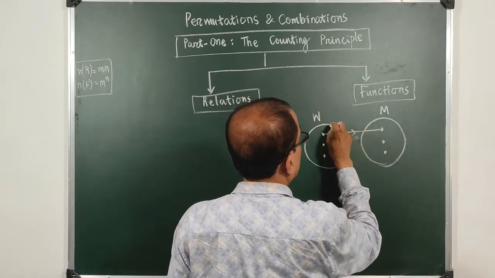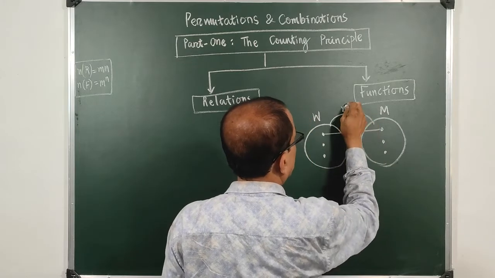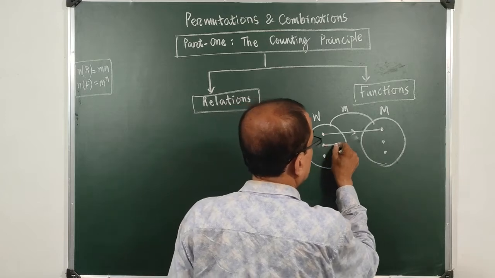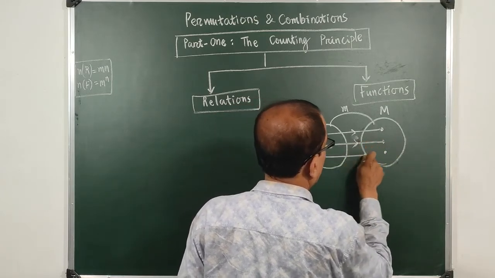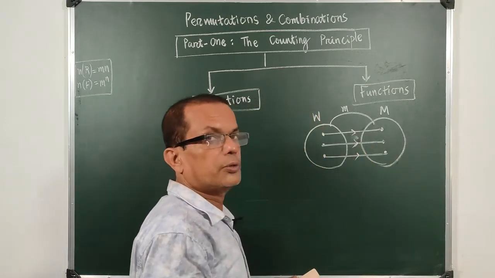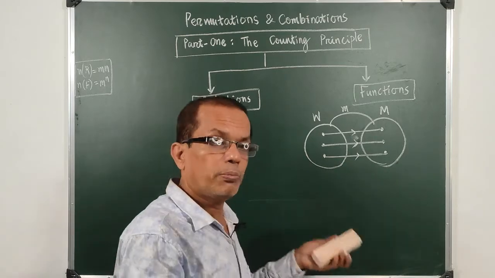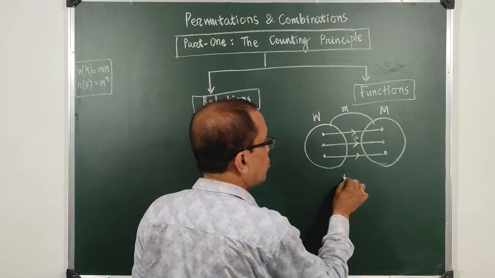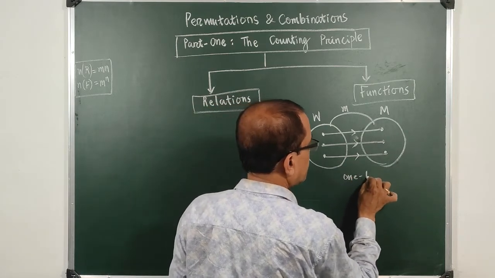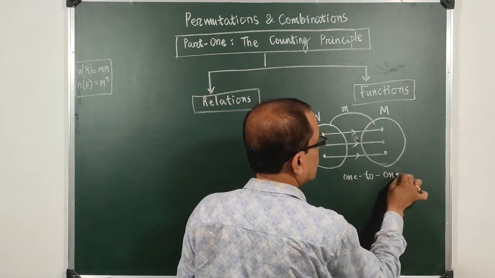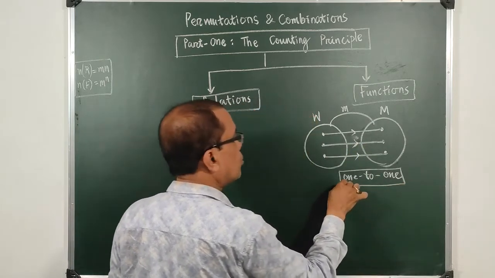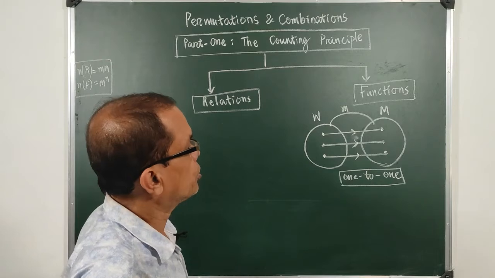If this is a marriage function, then any woman can marry a single man. This becomes the traditional pattern that is running all over the world. Generally, in some birds and in many human beings, this happens. This is the 1-to-1 type, and in short we call it 1-1 relations or 1-1 functions.